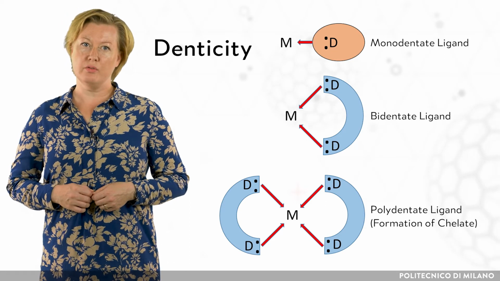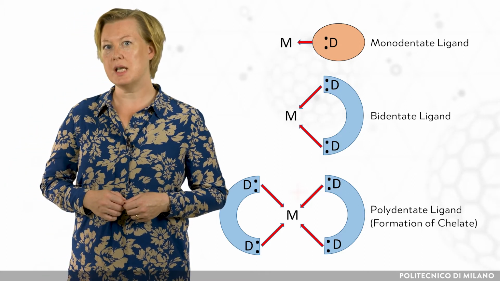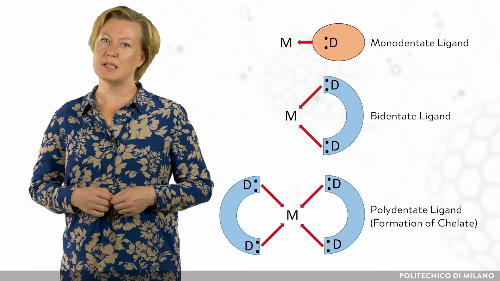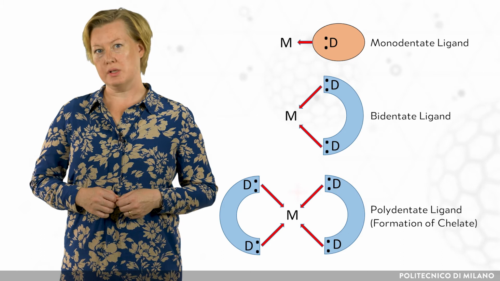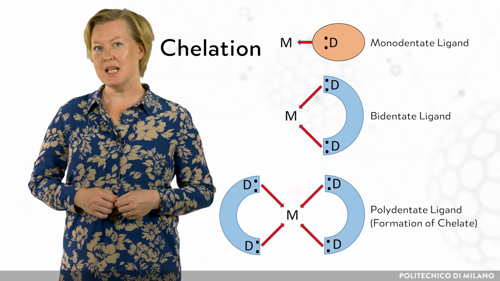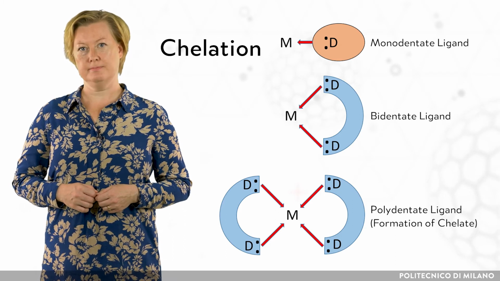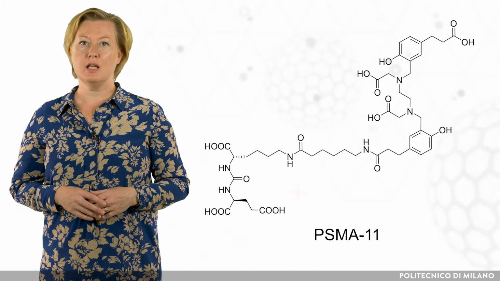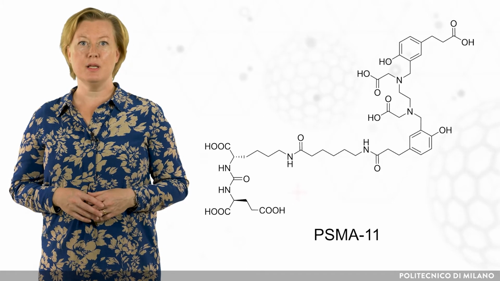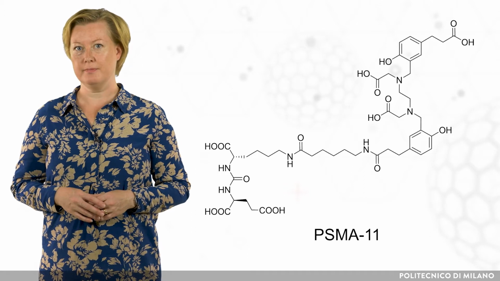The formation of multiple bonds between a metal ion and donors within the same ligand gives additional stability to the metal complex. The process is referred to as chelation, and the metal complex is called a chelate. An example of metal chelates is the gallium-68 labeled PSMA-11 molecule, which is used for prostate cancer imaging.